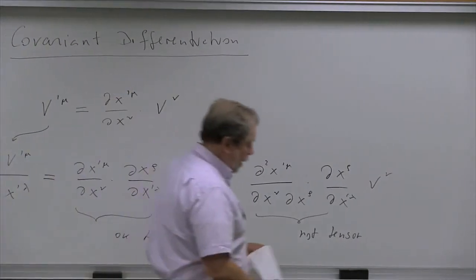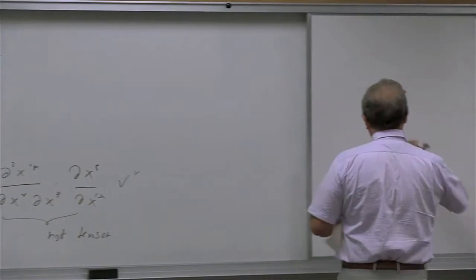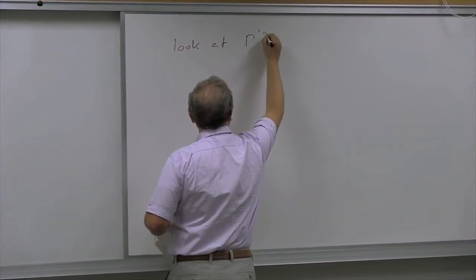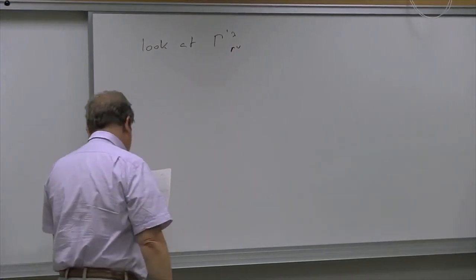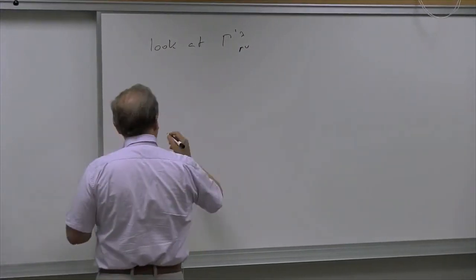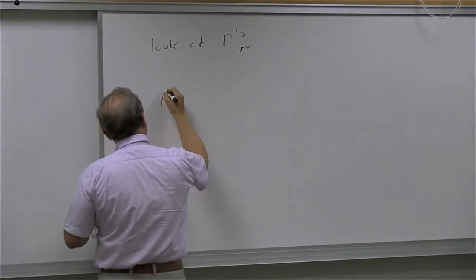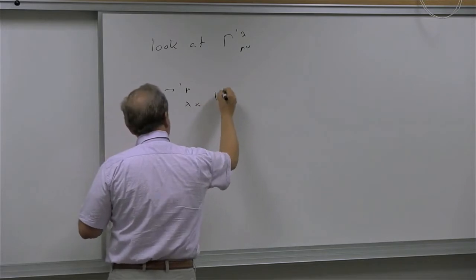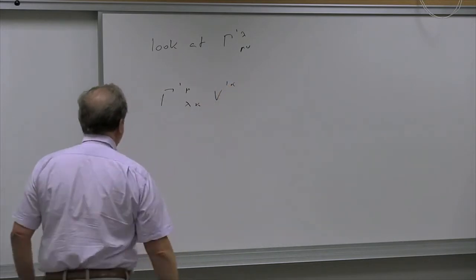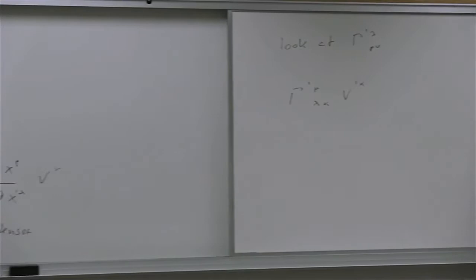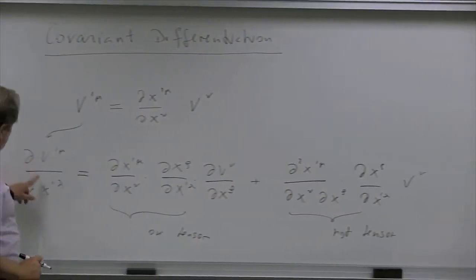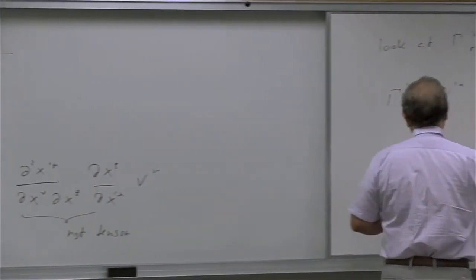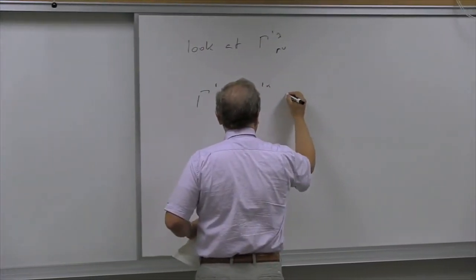So what we can do now is look at the transformation properties of gamma lambda mu nu, right? And in particular, we look at how gamma prime mu lambda k v prime k transforms. So we look at an object which is similar to what we have here, except we don't multiply by the derivative, but we multiply by the affine connection, and we have primes on both sides.